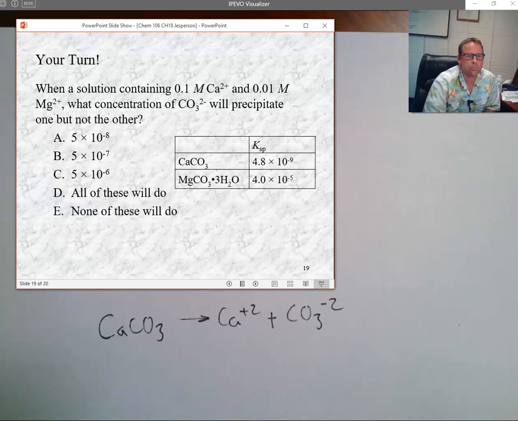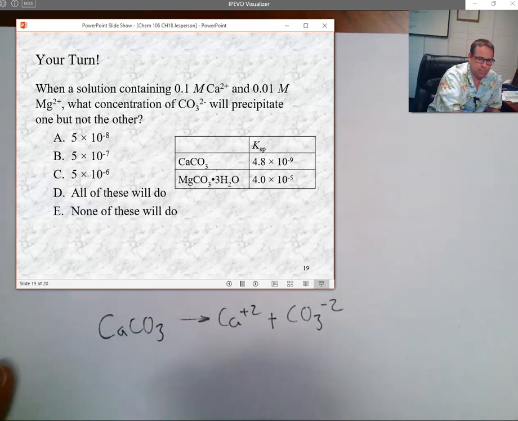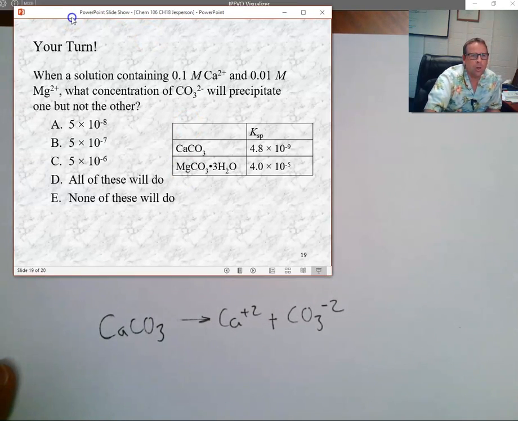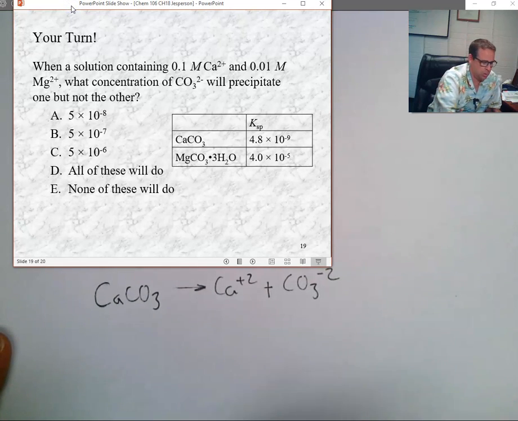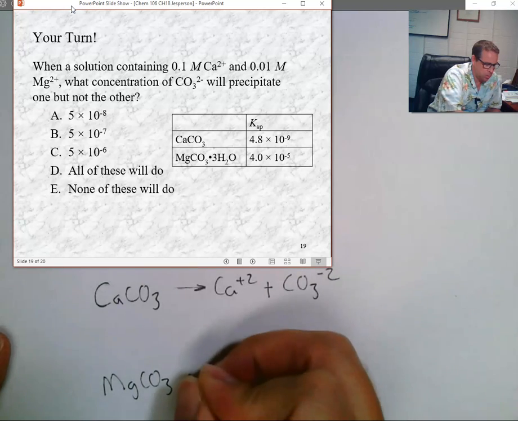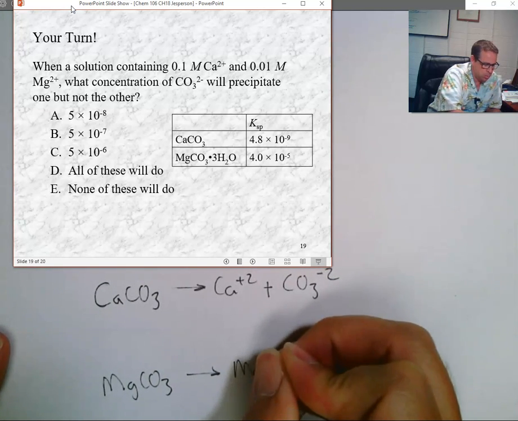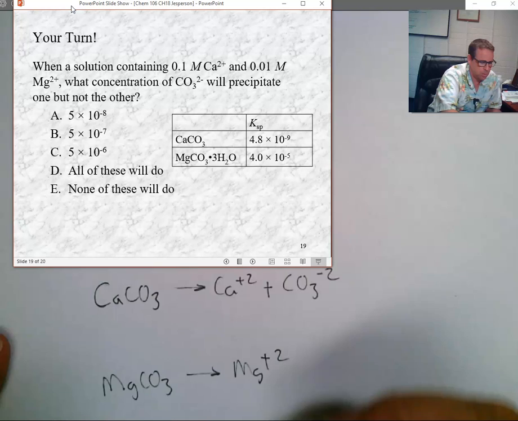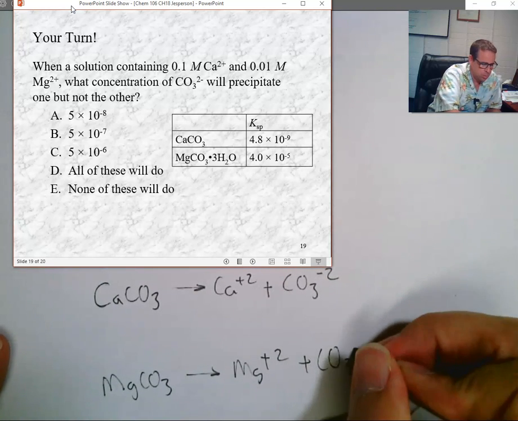And then do you want to do the other equation now? Sure. And then we have MgCO3, and that goes to Mg plus 2 and CO3 minus 2.